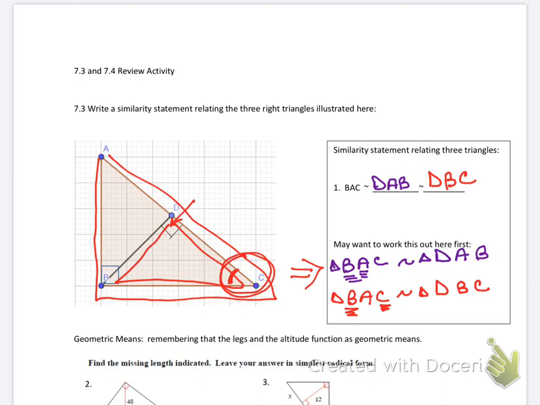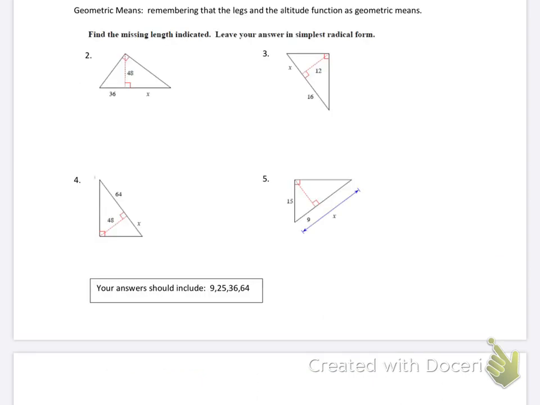Okay, let's go on to geometric means. Okay, so here we have 4 questions that deal with geometric means. So one comment I'll make first, and I guess I'll do it down here. When you have a big triangle, and it's a right triangle, and you draw an altitude, you have geometric means that occur.